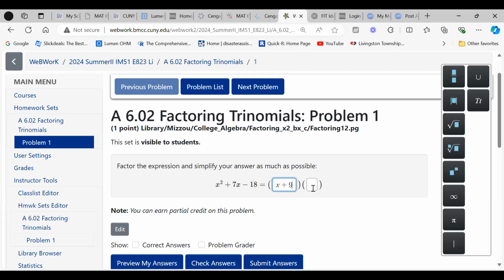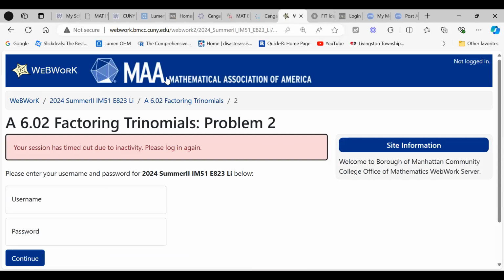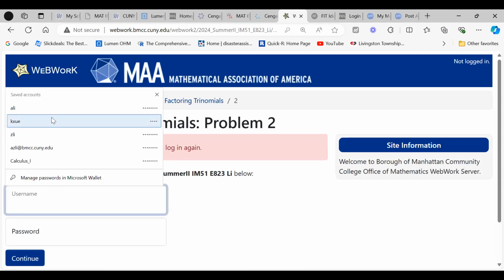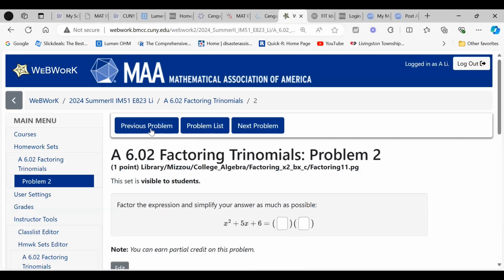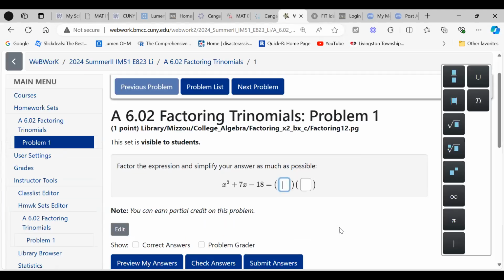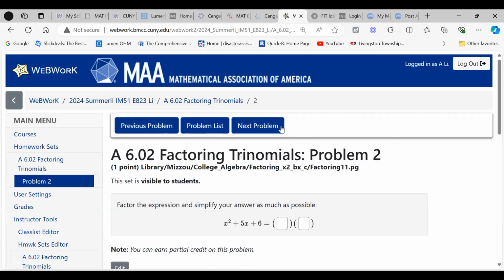That's problem 1. We did it. I checked it. x plus 9, x minus 2. Submit it. It's the correct answer.